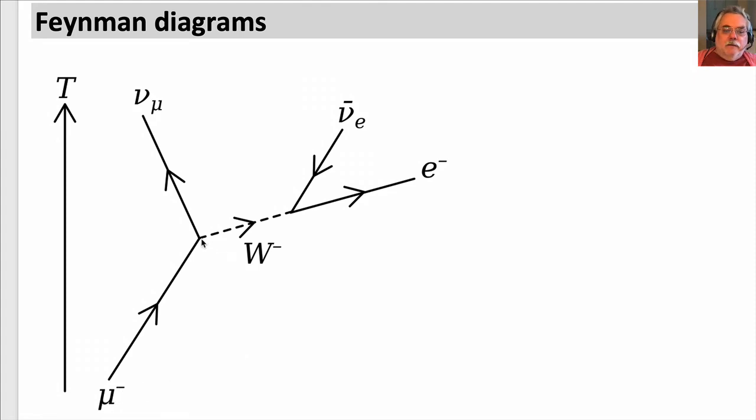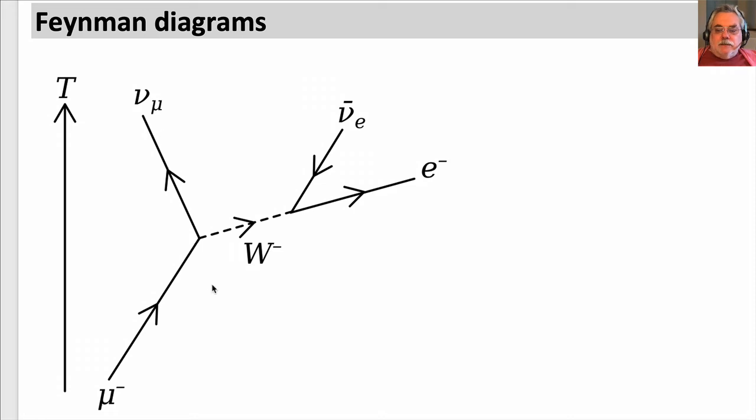At this interaction vertex, the muon decays to 2 particles via the weak interaction. The dashed segment to the right is a negatively charged W minus boson. The line toward the upper left is an electrically neutral matter muon neutrino.